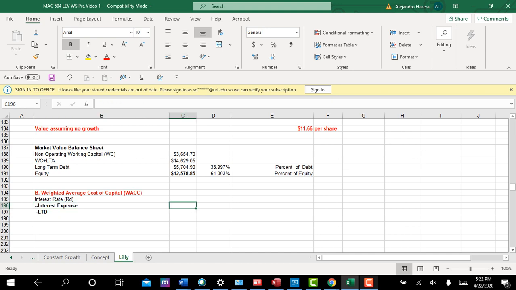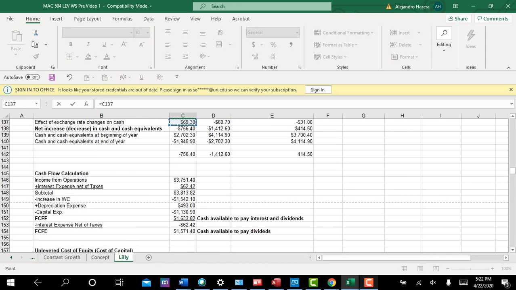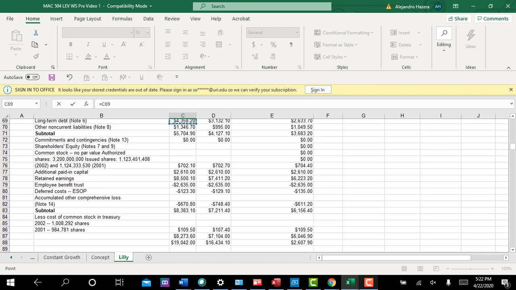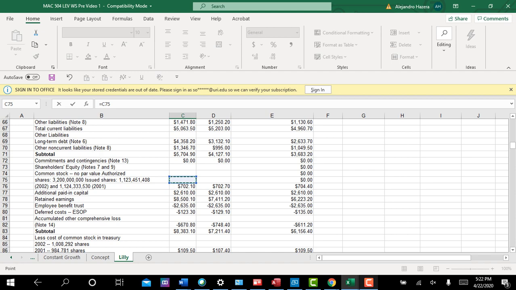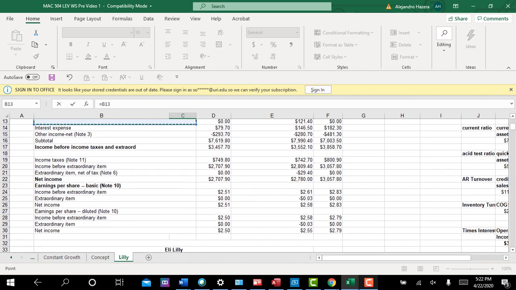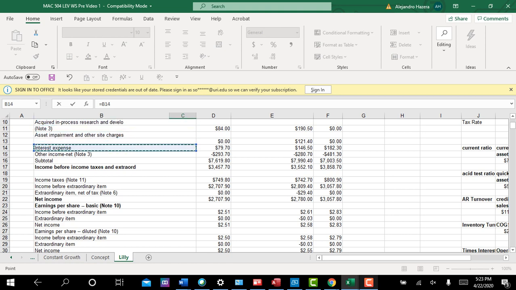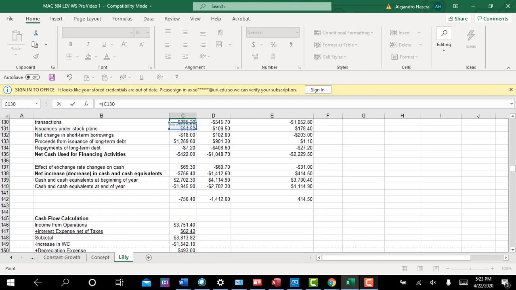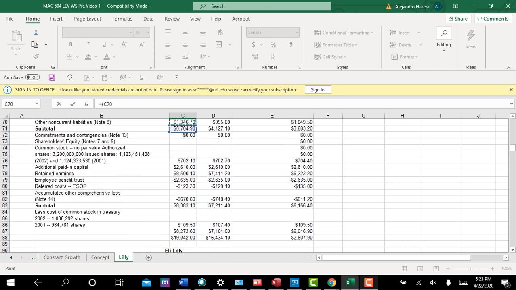Okay, so let's go ahead and go up to interest expense on the income statement. We already know what it is, but I'll go all the way up there anyway. Interest expense is $79.70. My long-term debt, actually, in this example, I believe there are 2 items that should go into long-term debt.